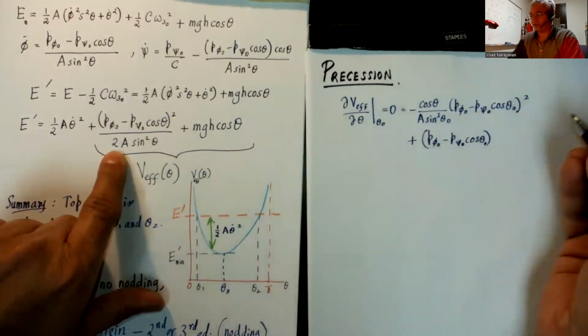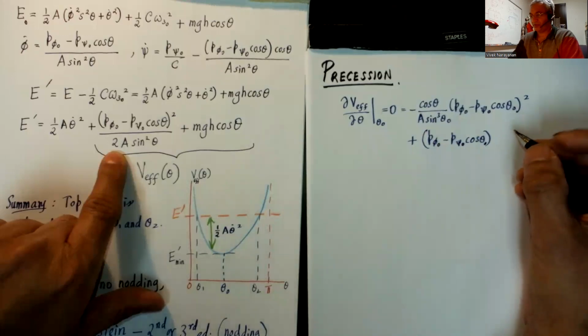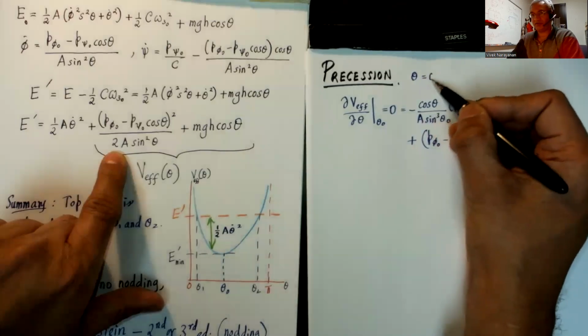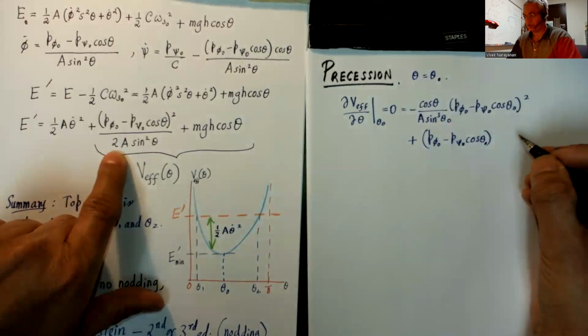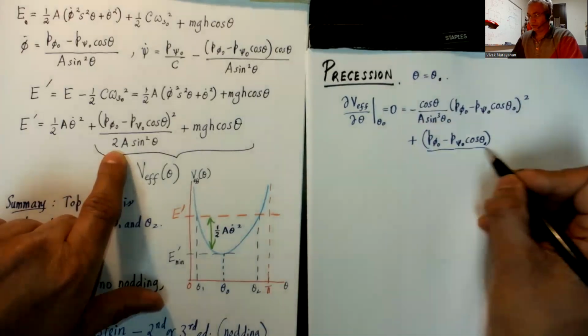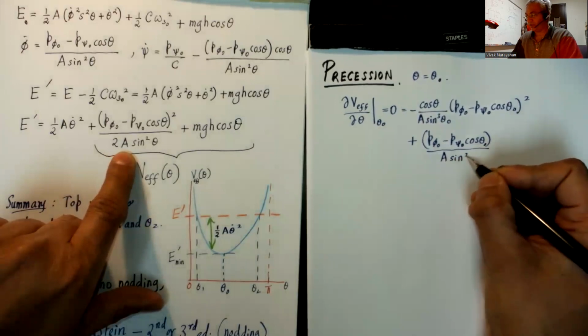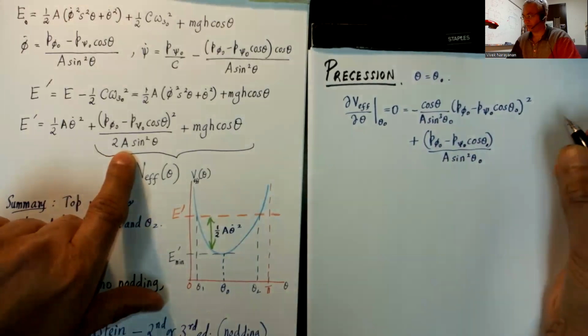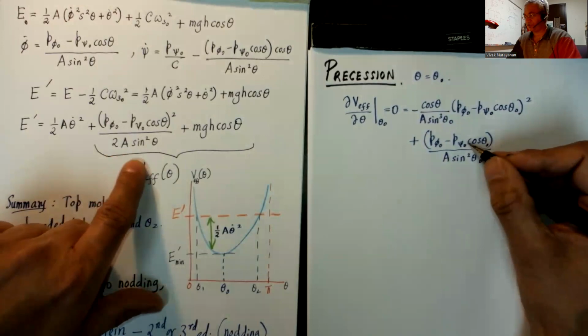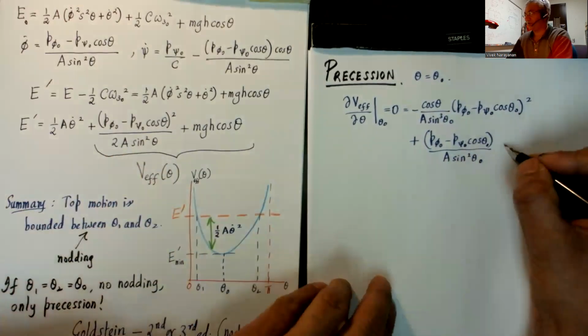I'm going to put naughts everywhere I see theta because we're going to stay at theta equals theta naught. That's a condition for precession. Divided by the 2 has gone, so I just have a sine squared theta naught. So that's that term. And then I have to differentiate the inside function also.